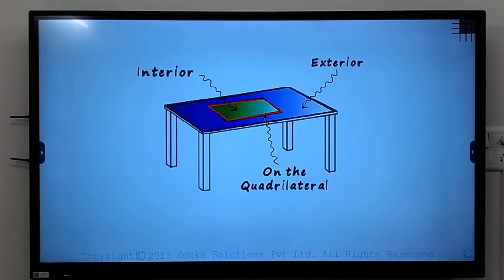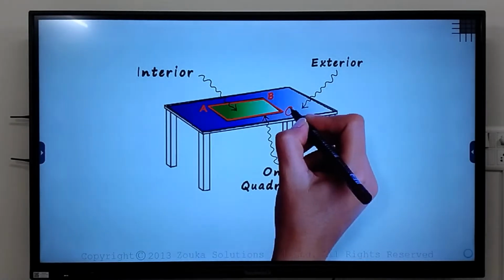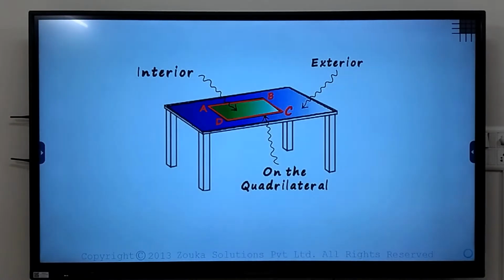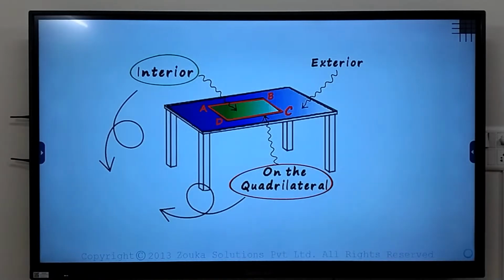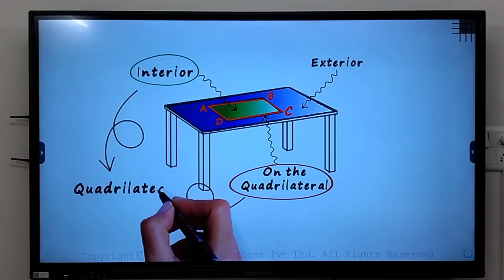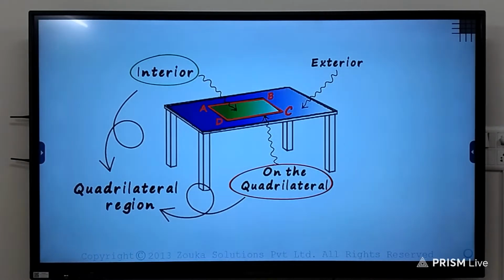Let us name the quadrilateral ABCD. The interior of the quadrilateral ABCD, that is the green region, plus the quadrilateral ABCD, which is the red boundary, together are called the quadrilateral region.